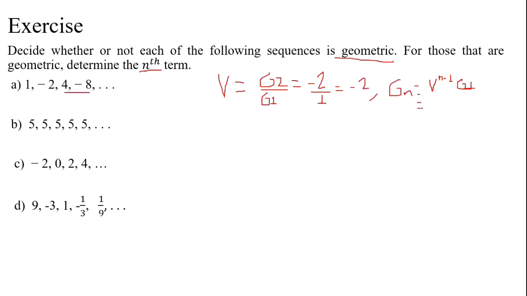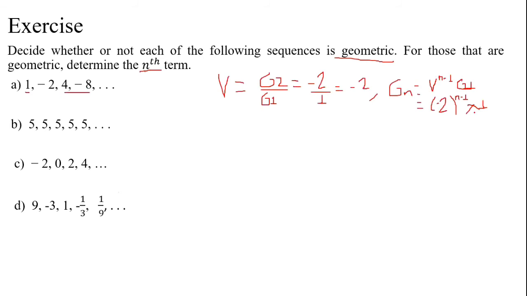G1 means the first term of the given geometric sequence, that is 1 here. So Gn can be calculated as R, it is -2 here, so we put -2 to the power of n minus 1, times G1, that is 1. So we can cancel 1, a number times 1 is the number itself, so -2 to the power of n minus 1.